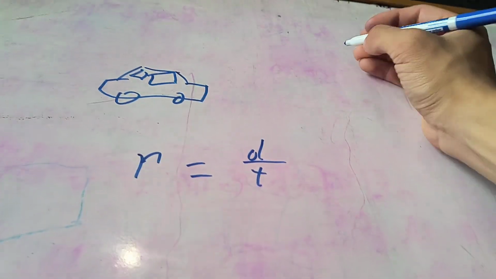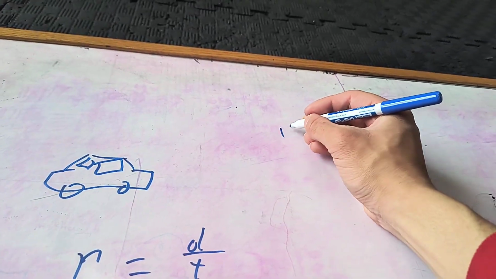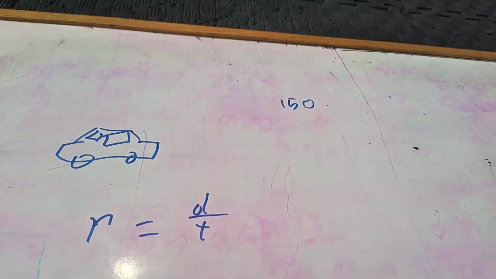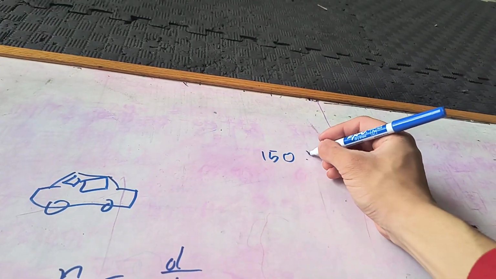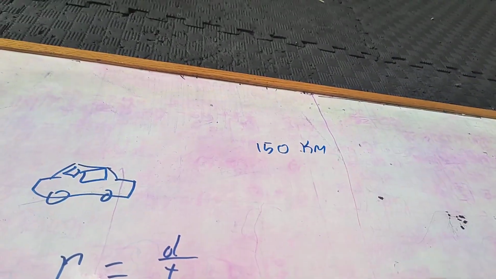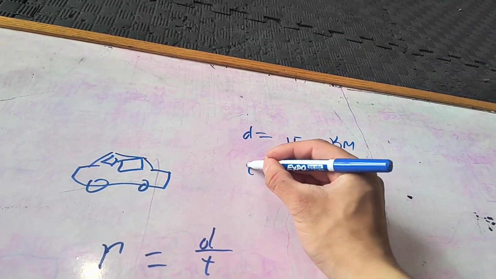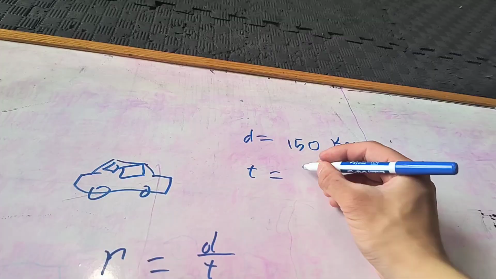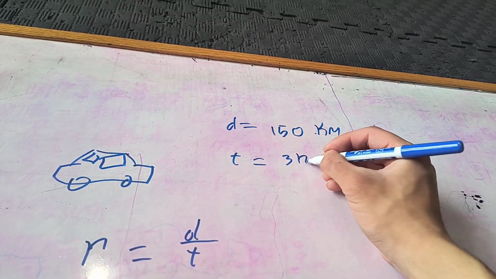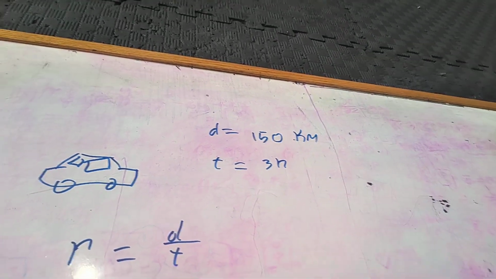Now, let's say the distance it has traveled is 150 kilometers, and the time that it has traveled over is 3 hours.